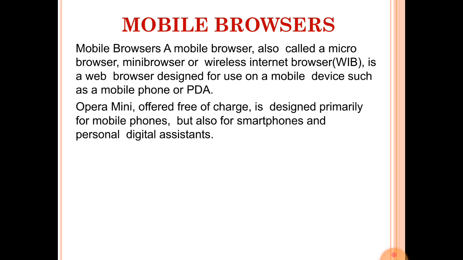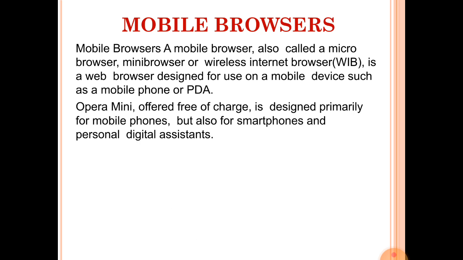Mobile browser. A mobile browser, also called a micro browser, mini browser, or wireless internet browser, is a web browser designed for use on a mobile device such as a mobile phone or PDA.